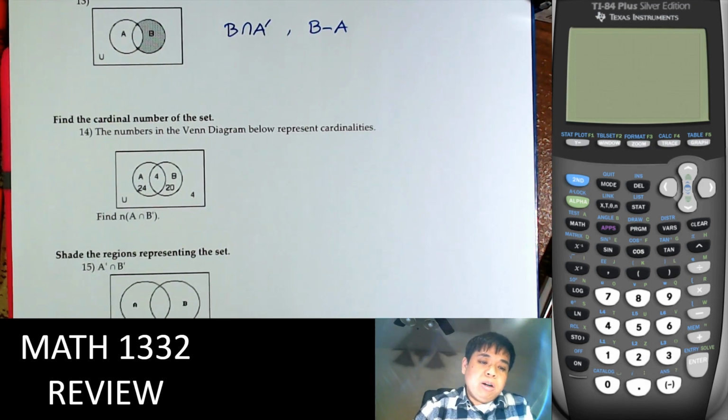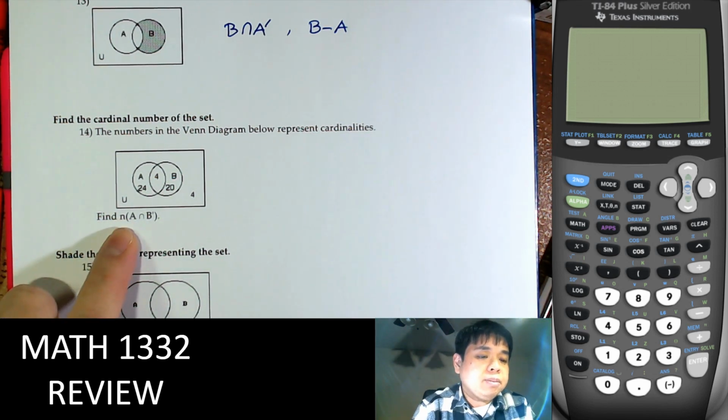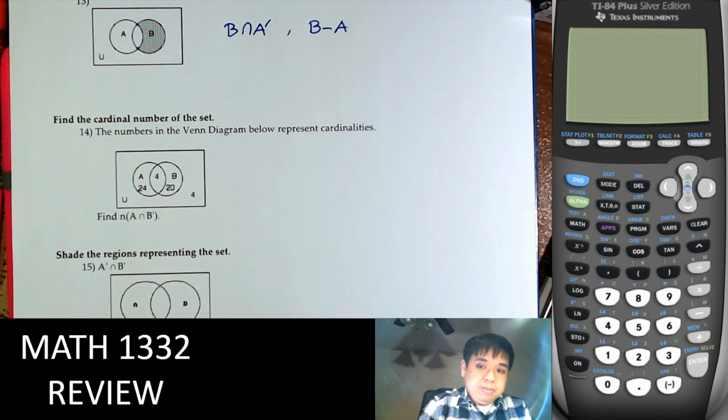Now, for the cardinal number of the Venn diagram below, we present the cardinality. So find n, the cardinal number, how many members are in the set A intersect B complement.